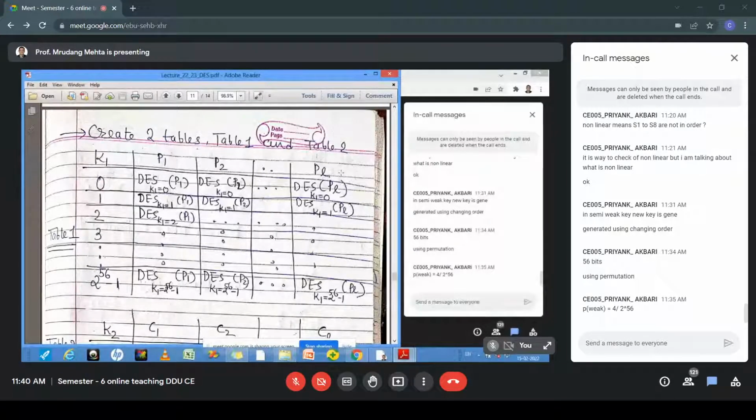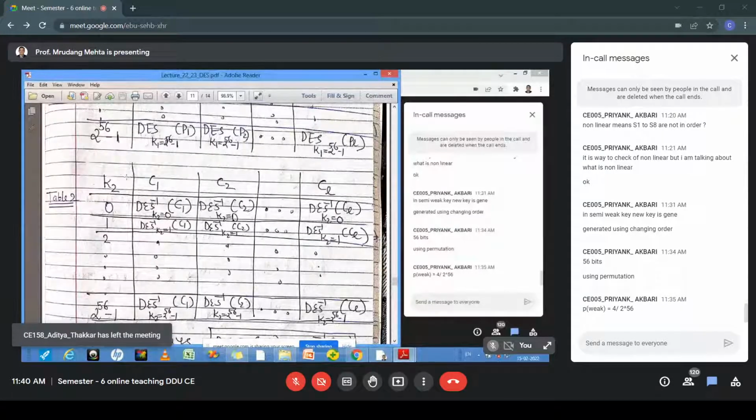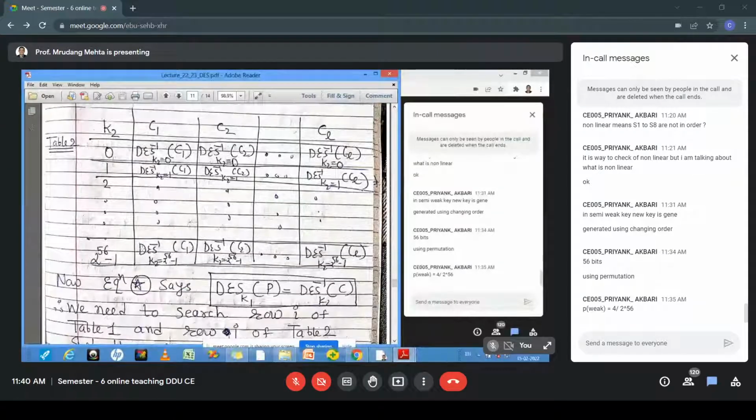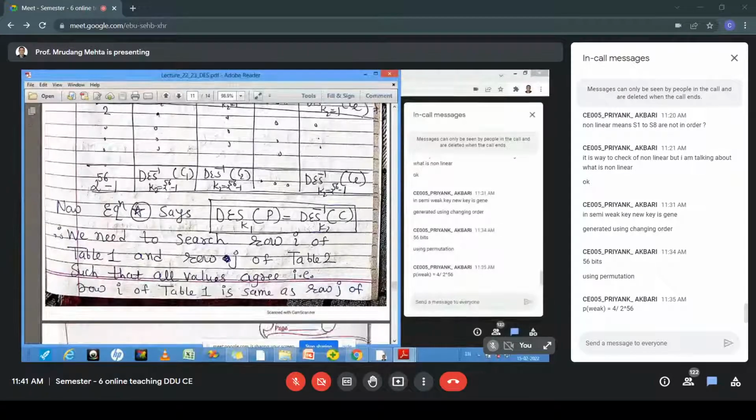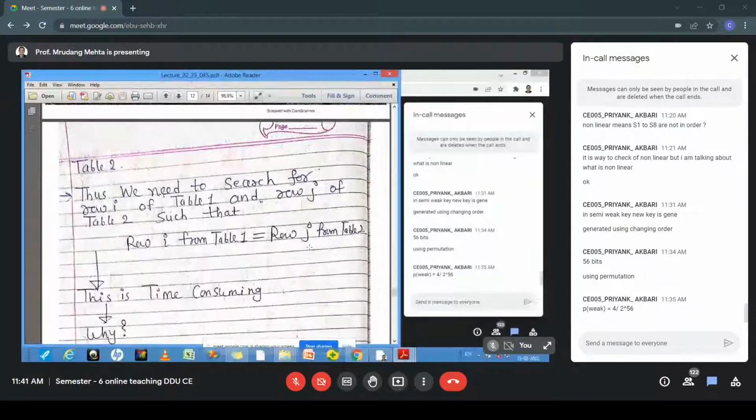So P1, P2 up to PL, it encrypts to the middle value, and with the K2 key on the L ciphertexts, it generates this table. So we need to search row i of table 1 and row j of table 2 such that all values agree. So row i of table 1 is the same as row j of table 2. Okay.